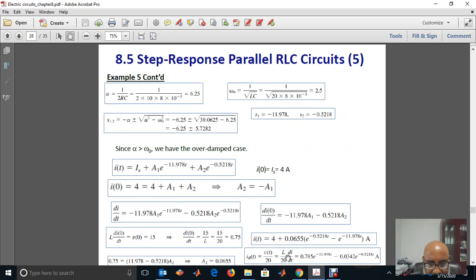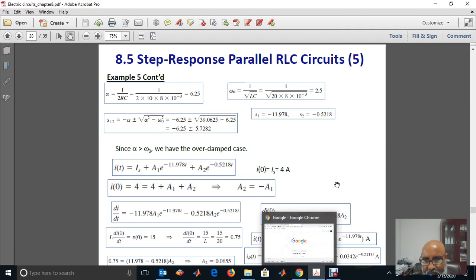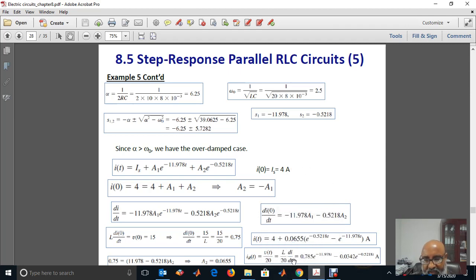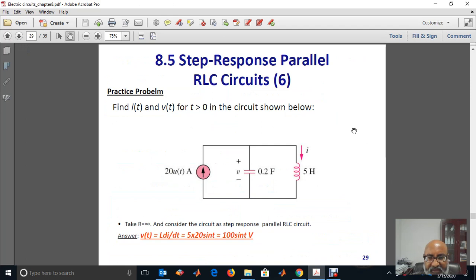Then we have V of t is L di by dt, which is the same as the voltage also across the inductor. And finally, we find this. Okay, this is a practice problem, and you should be able to solve this. This is also a parallel RLC circuit, step response for parallel RLC circuit.